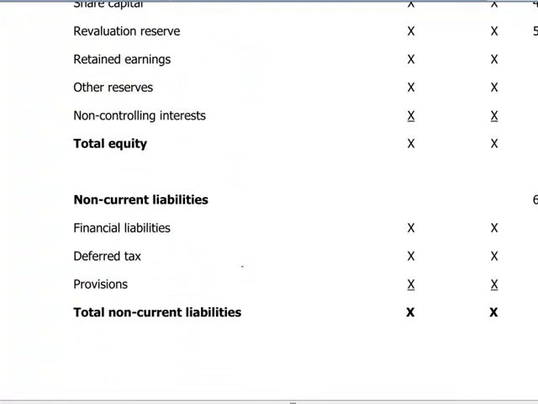Then we present the non-current and current liabilities, the distinction between the two being exactly the same. The non-current liabilities will become payable in more than 12 months. So everything that I have listed in here, like financial liabilities coming out of finance leases, for instance, deferred tax, any provisions that will become payable in more than 12 months.